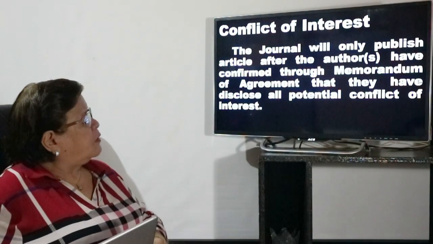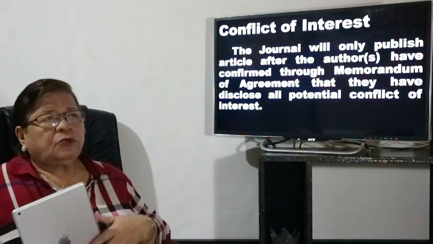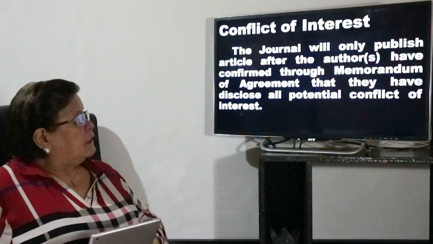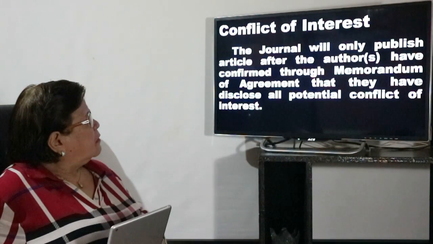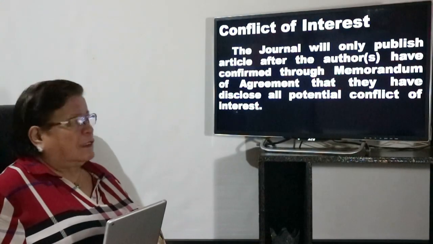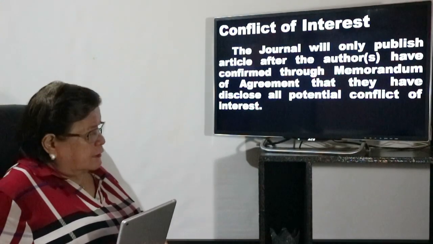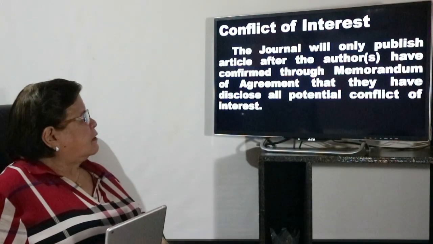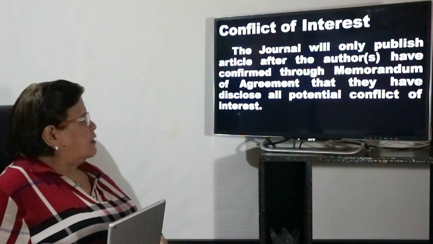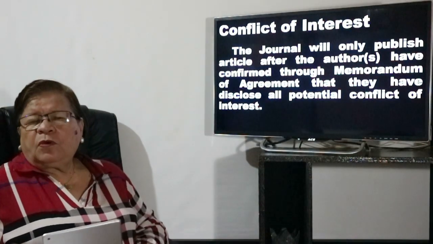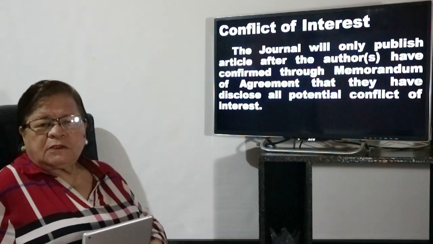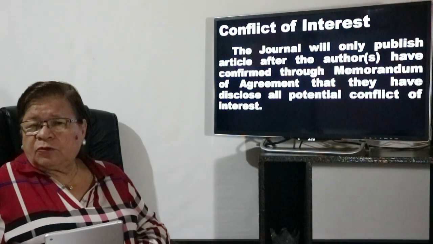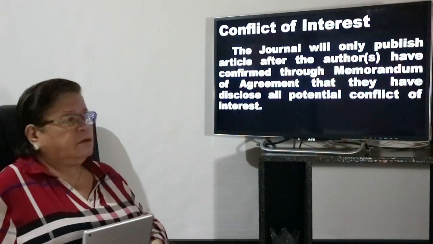The journal that you are going to refer to so that your action research will be published will only publish your article after the author or authors have confirmed through a memorandum of agreement that they have disclosed all potential conflict of interest. So there are no more conflicts involved whatsoever, and then everything is already solved, then publication of your action research will follow.